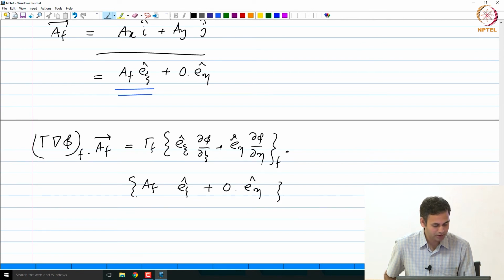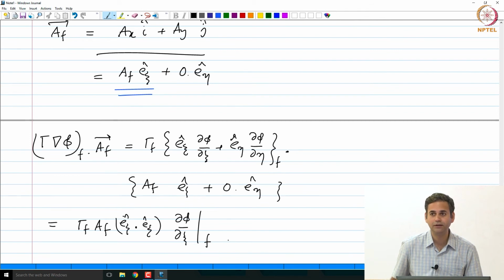This dot product gives only gamma f A f E xi dot E xi, that is 1, times partial phi partial xi on the face f. That is what we would get, correct.